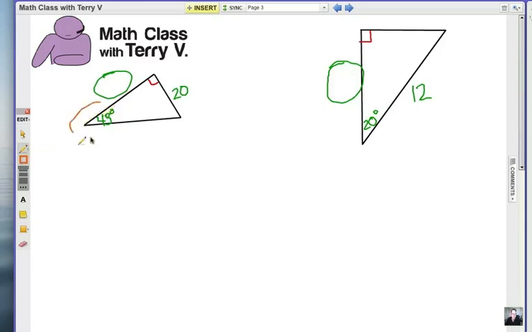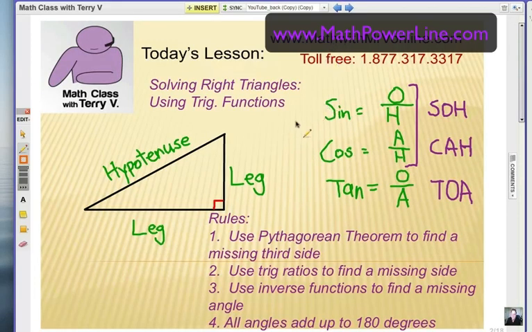If this is my reference angle, everything goes from that, and the opposite side from that is 20, the opposite leg. Okay, it's helpful to have these labels in your head so you can figure out which trig function to use. Now what we're looking for is the adjacent leg. Alright, now I'm going to go back to my trig functions here, and if we're talking opposite and adjacent, that would be tangent. That's the tangent function is the one we're going to use.